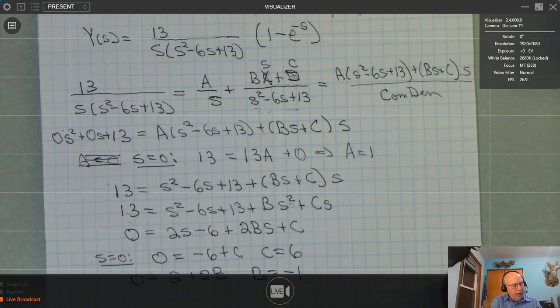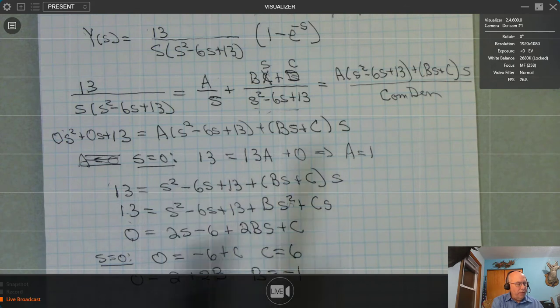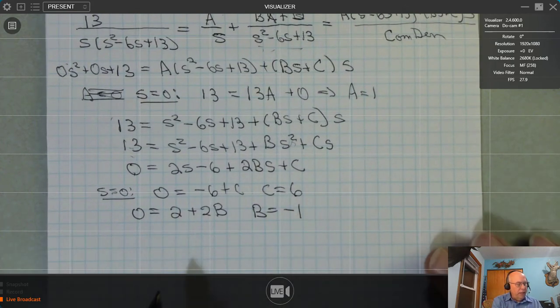So I've got a, b, and c, and I didn't have to solve a system of equations. I didn't have to do a bunch of algebra multiplying all this stuff out and gathering up like terms. I just take derivatives to clean this up.